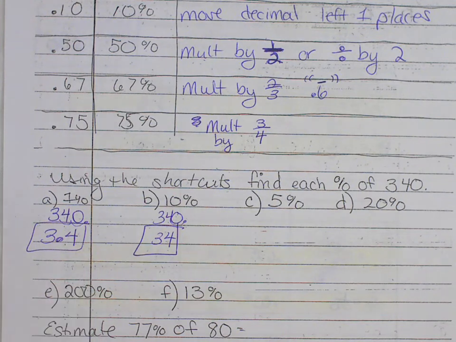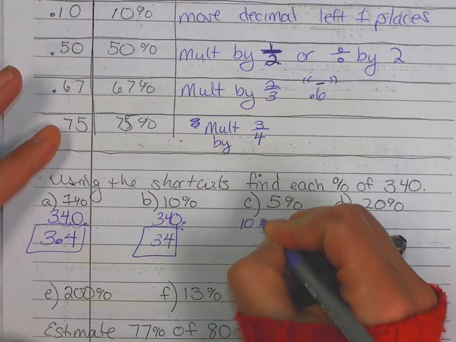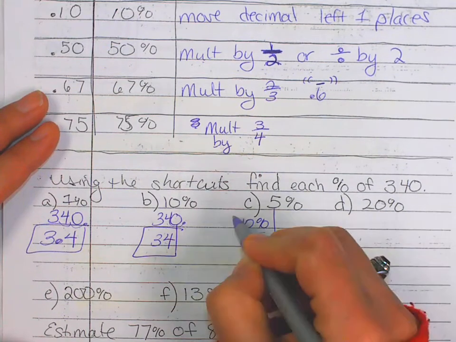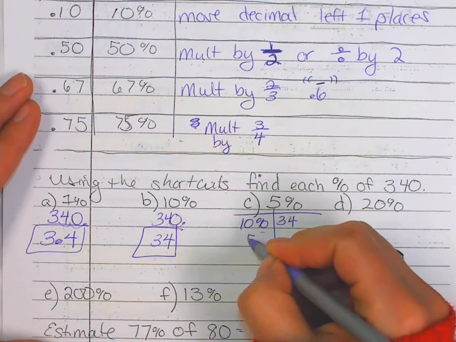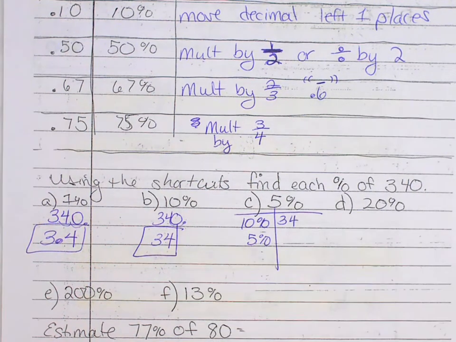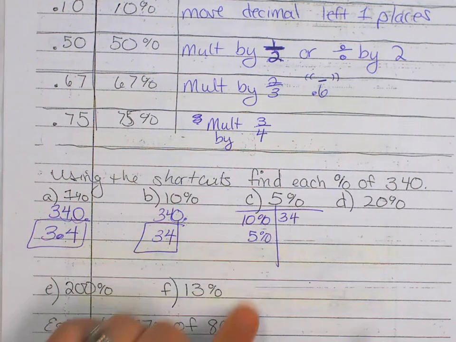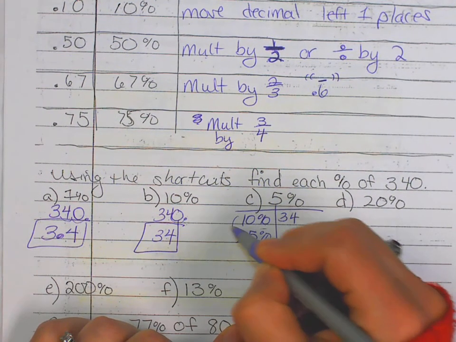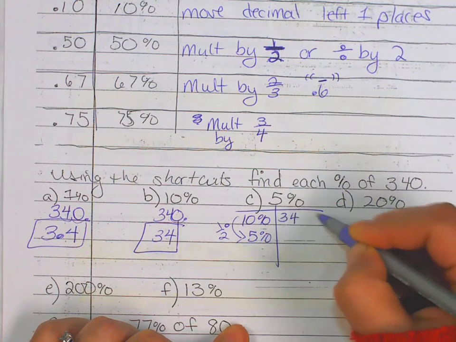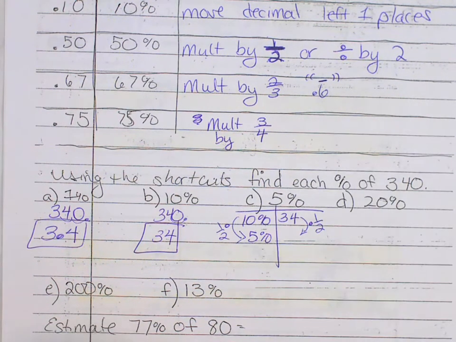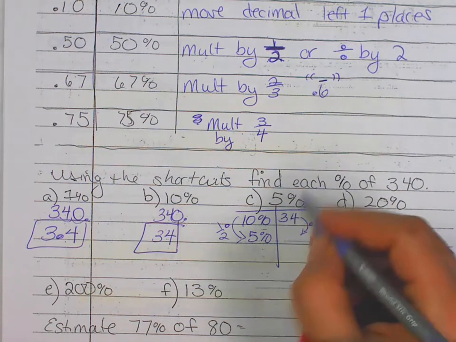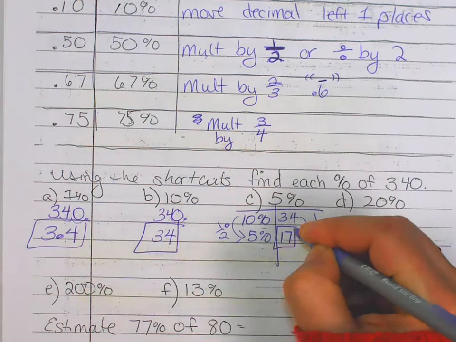I can use the previous answer for B. If 10% turns out to be 34, how does 5% compare? 5% is half of this, right? So what's half of 34? What's 34 divided by 2? That would be 17.